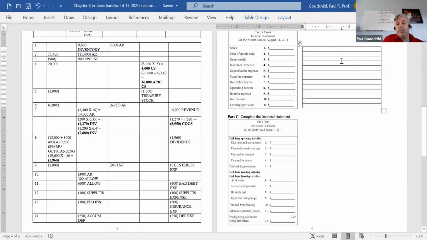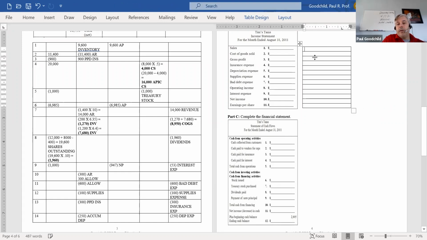Okay, so let's go ahead and put our answers in here. So we had sales, 14,000. Now, I think the only part that we have to look at is where do we record bad debts expense? So here we do report it. So 14,000 is good. Cost of goods sold, we have 8,950.